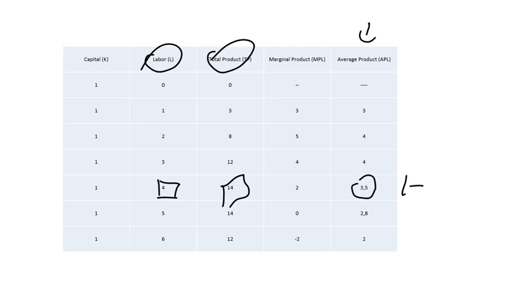When the workshop has 6 workers, the total product is 12, which means on average each worker can produce 2 units. And as you can see, like MPL, APL increases, then reaches a maximum, then starts decreasing.